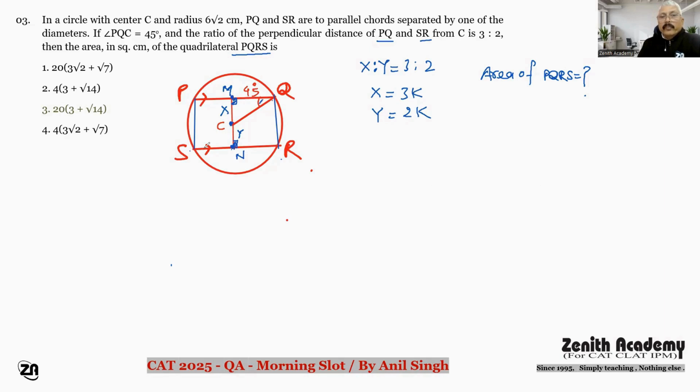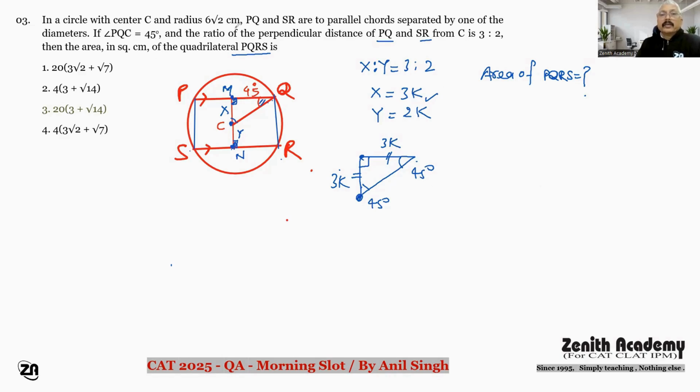It is 45 degrees. If it is 45 and this is 90, so this is also 45. It simply suggests that it is a right angle isosceles triangle. So when MC, x, is equal to 3k, then this will also be equal to 3k.